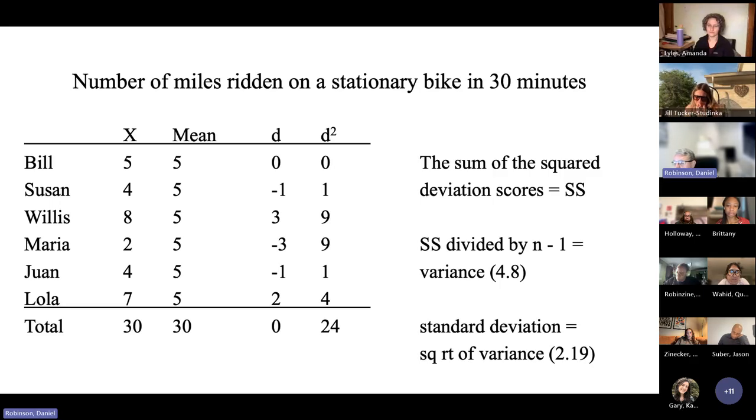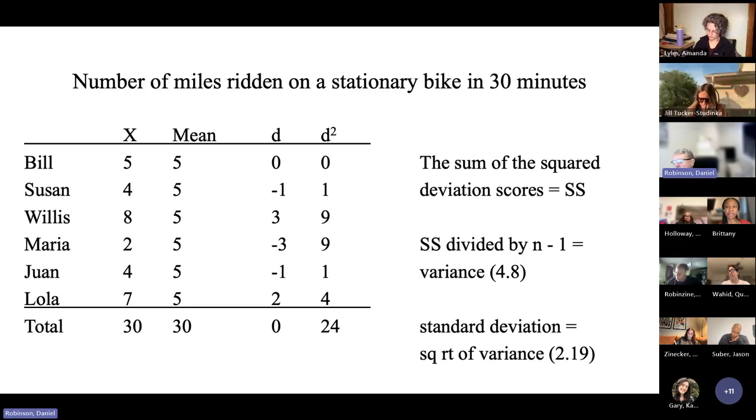It represents the sum of the squared difference scores, which we can say a little bit shorter. We can say that's the sum of squares. And sum of squares, or SS, capital SS, is used quite frequently in statistics. And that means the sum of the squared difference scores, or squared deviation scores. I've been using differences. You can also use deviation, which is more common in statistics, deviation score.